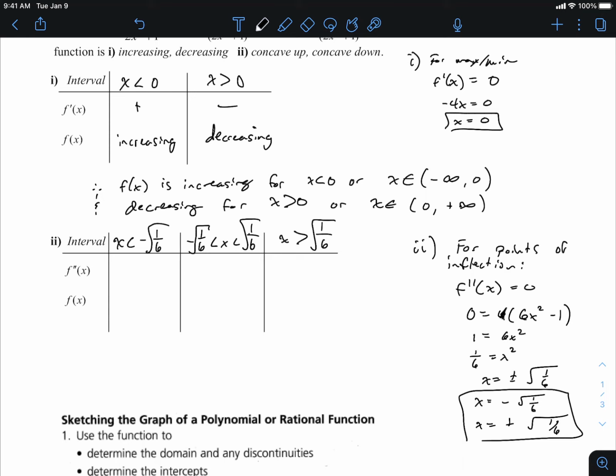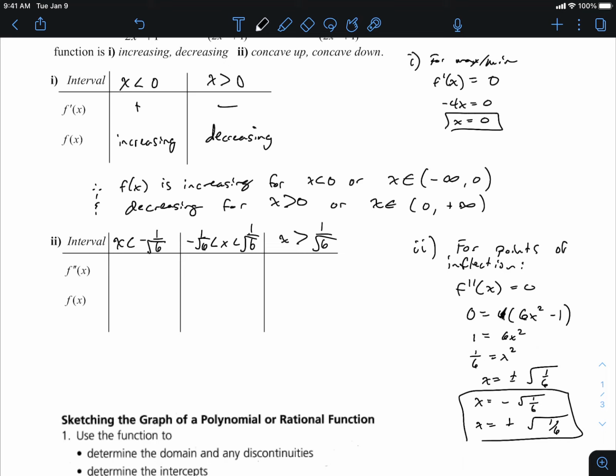Sorry, I should have probably just written it like this to save yourself some headache. You can take the square root of 1, so you could just write 1 over root 6. Okay, there you go.